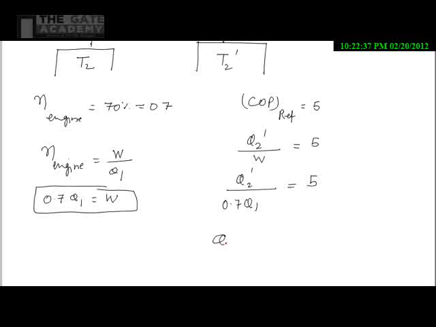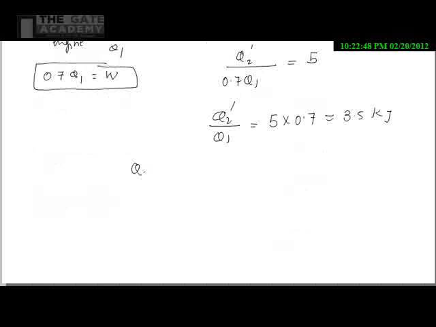So Q2 dash by Q1 equals 5 into 0.7, so 3.5. Again, Q2 dash by Q1: Q2 dash is nothing but the energy absorbed from the low temperature reservoir by the refrigerator, and Q1 is nothing but the energy absorbed from the high temperature source by the engine. So this ratio comes to 3.5 kilojoule. So the correct answer is C, 3.5 kilojoule.